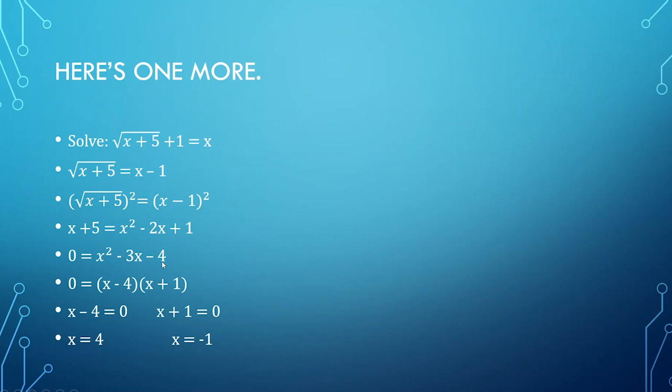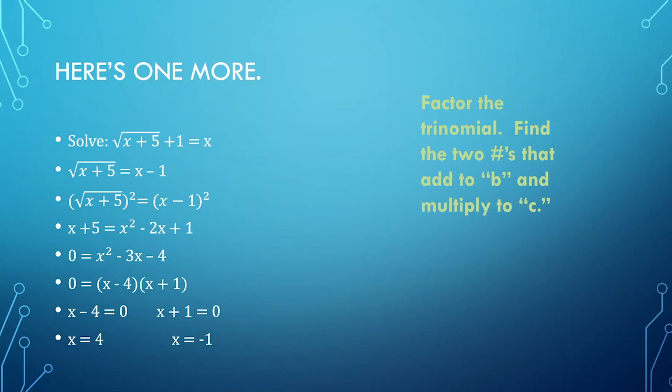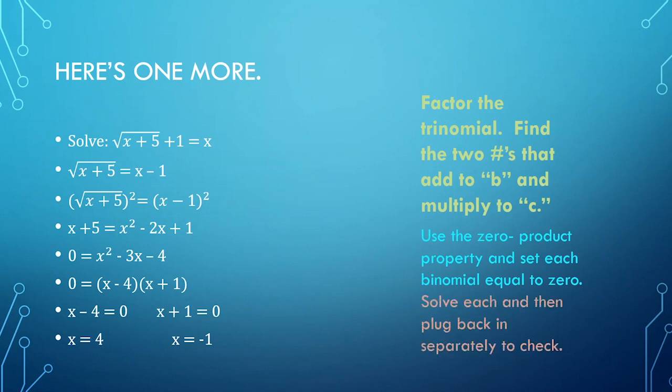Factor. What two numbers multiply to -4 and add up to -3? -4 and +1. Set both of those equal to 0. Solve for x. Remember, you have to factor what multiplies to c and adds up to b. Use the zero product property, and then check each one separately. The 4 works, the -1 does not.